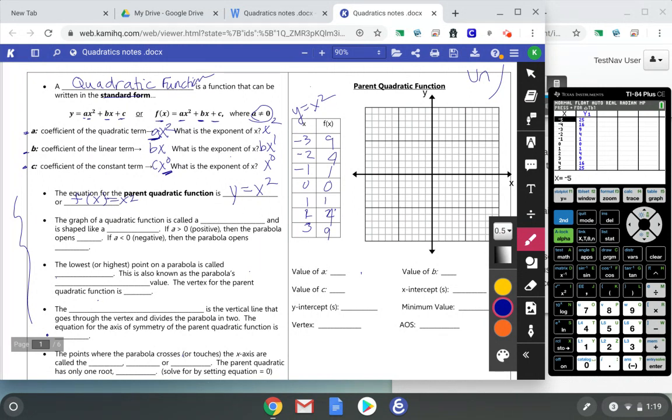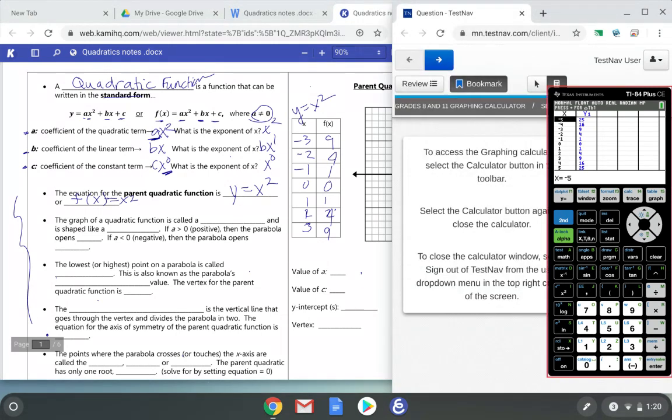So I'm going to plot those points. So I got 0, 0. I have 1, 1. I also have -1, 1. I have 2, 4, and I have -2, 4. And then I have 3, 9, and I have -3, 9. And notice that they don't make straight lines. They make this curve that's going to go up and out.